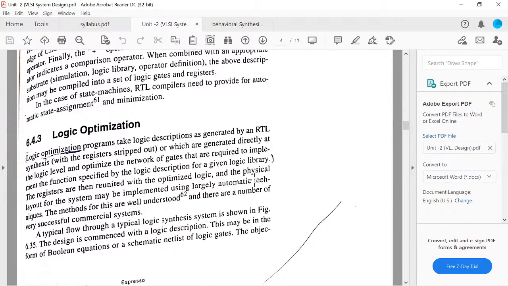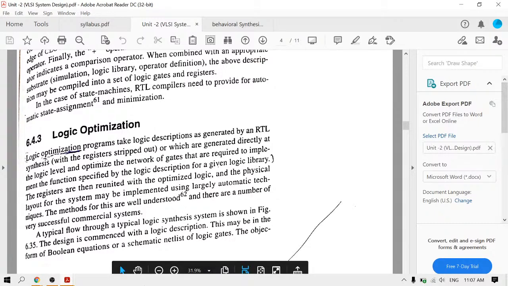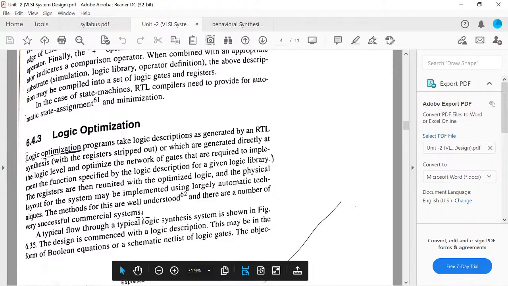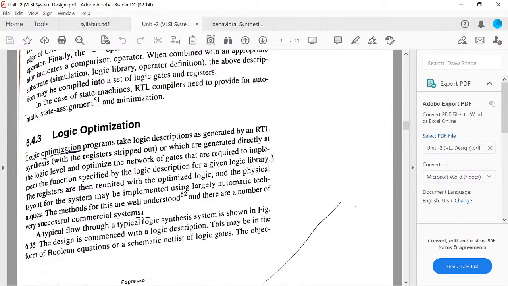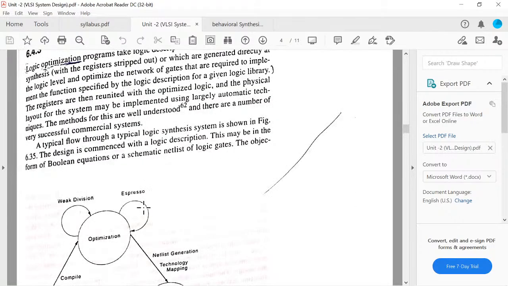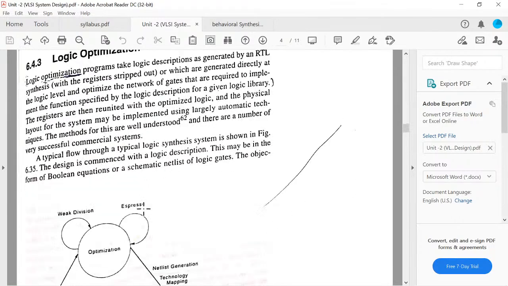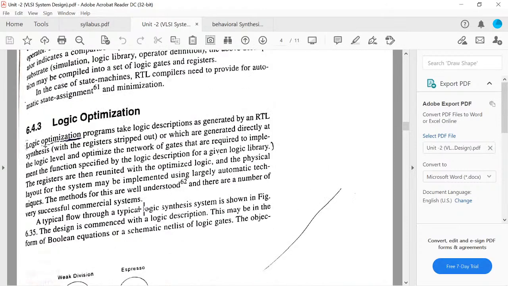Now, the next one is logic optimization. Now, what is the meaning of logic optimization? Logic optimization is very easy to understand. Because we know that when we want to implement any circuit, first of all we need to provide some input to it.